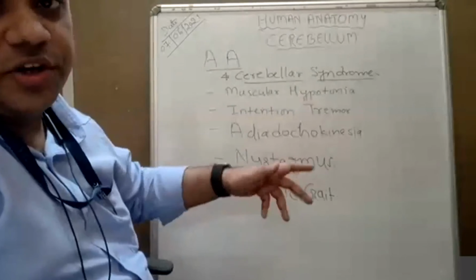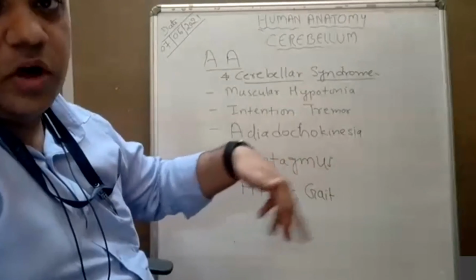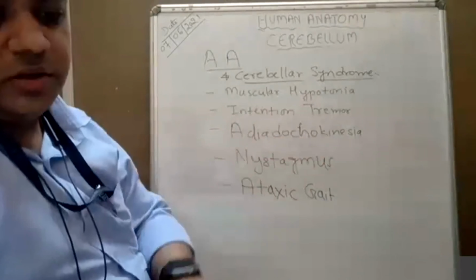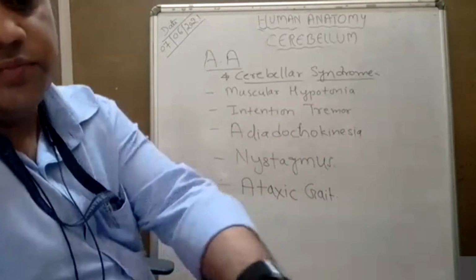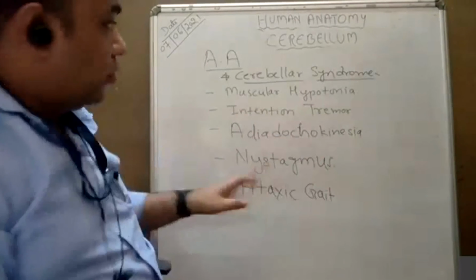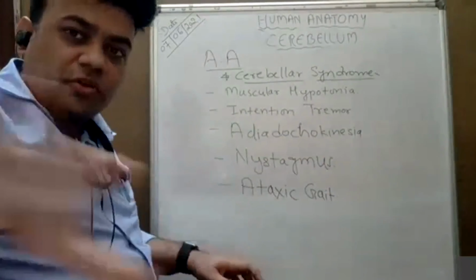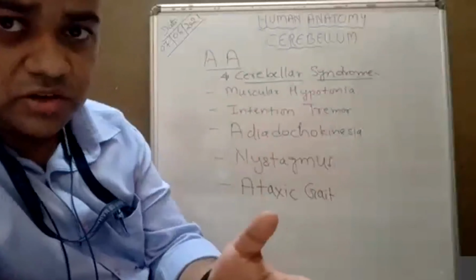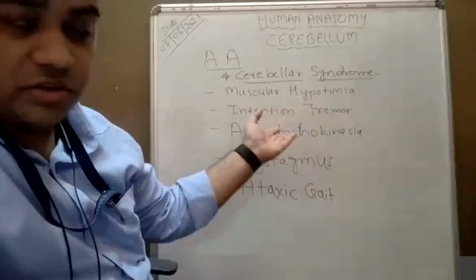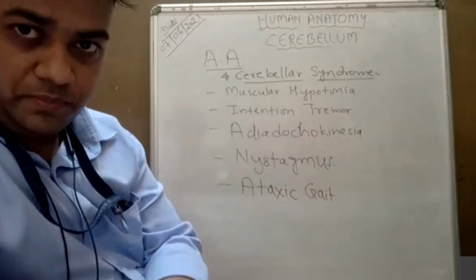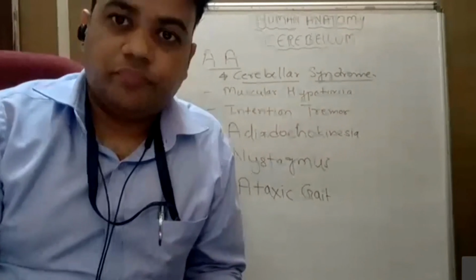Ataxic gait means unsteady gait, inability to walk and stand properly. Okay guys, so this covers the cerebellum, and the histological part, the types of cells and neuron cells in the deep nuclei, we will cover during your histology part. Thank you very much.